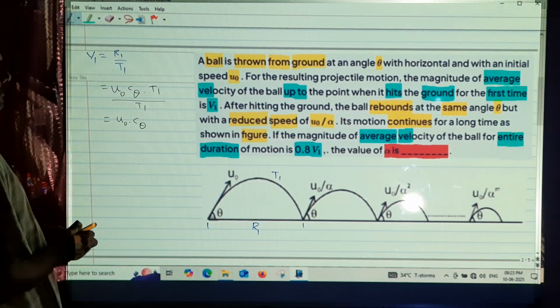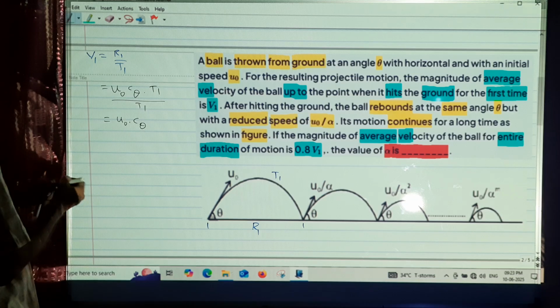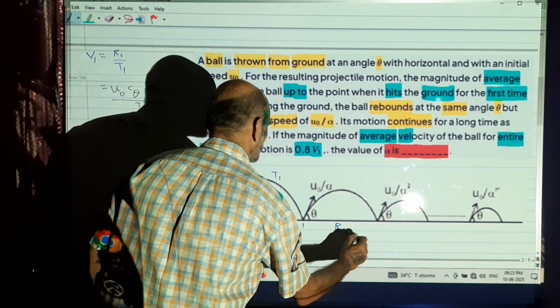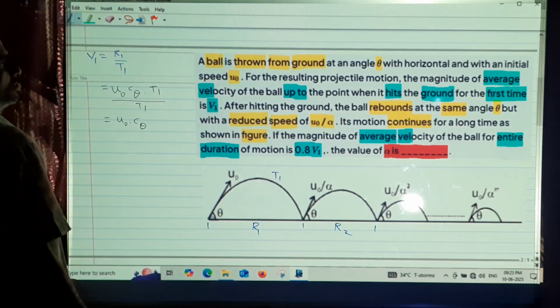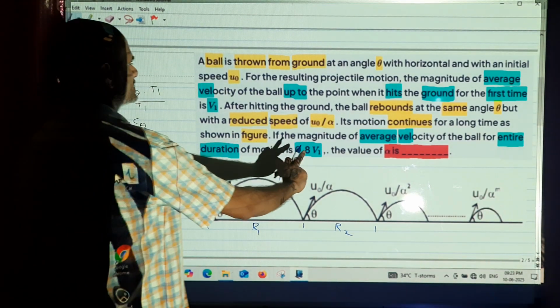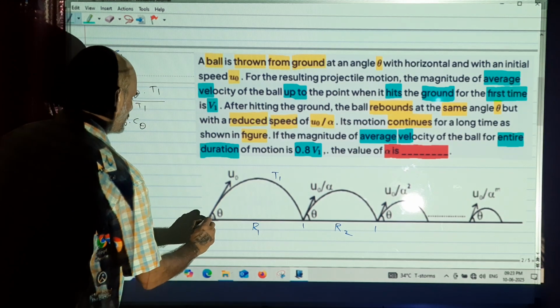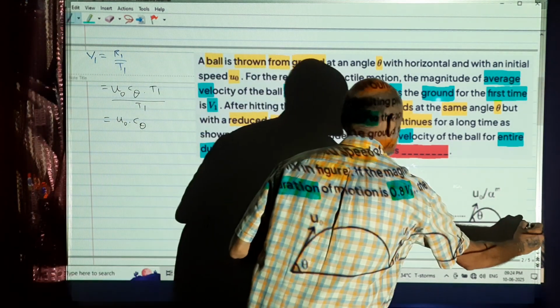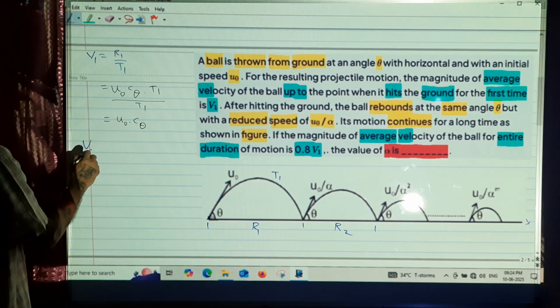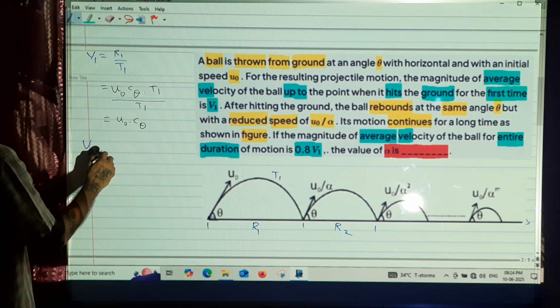So the range for the second motion, if you call this as r2, because what you have to find is the average velocity between this point and the last point. That will be v average for the entire motion.